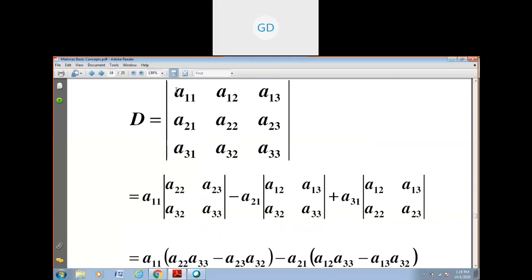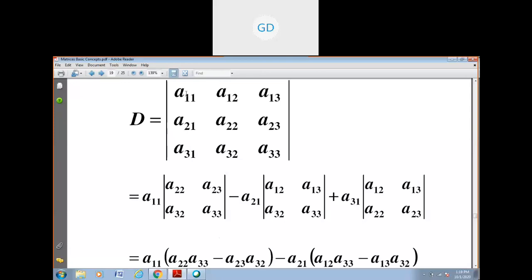If you observe, this expansion is like this. Along the first column, suppose we are going to expand, that means we are going to evaluate. Then you see here A11 is written here. Now the determinant of those elements which are not in the row containing this element or the column containing this element.